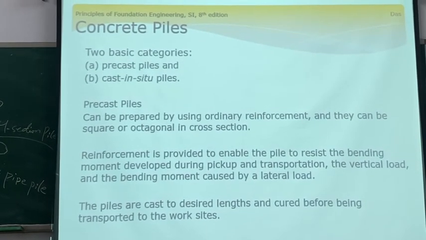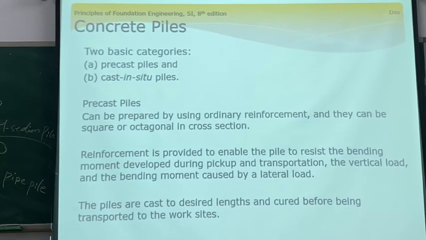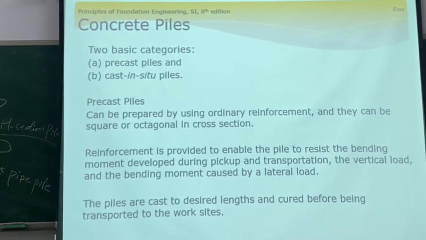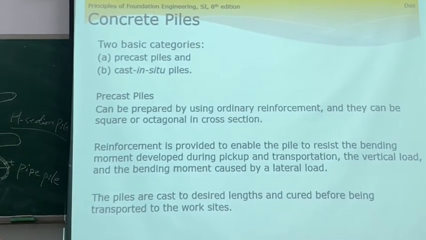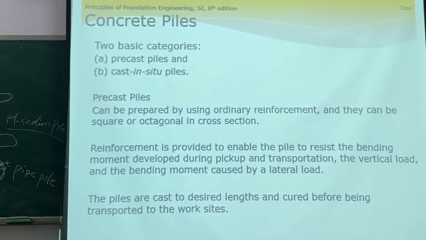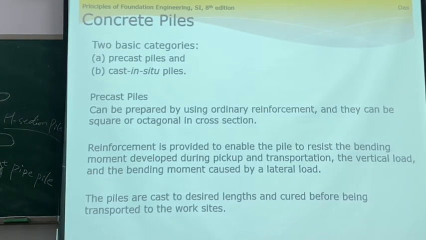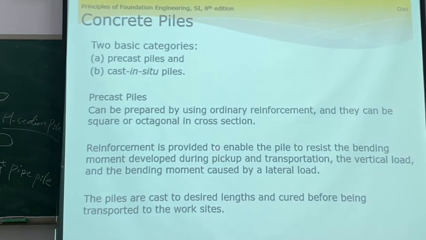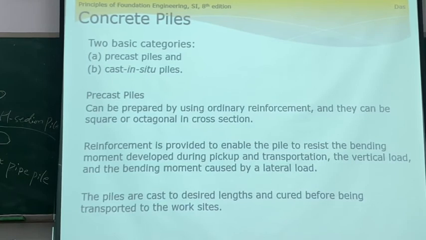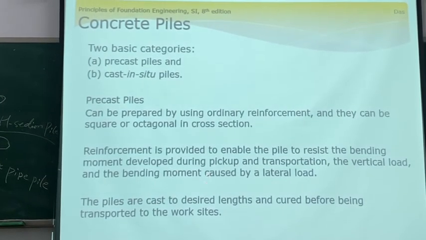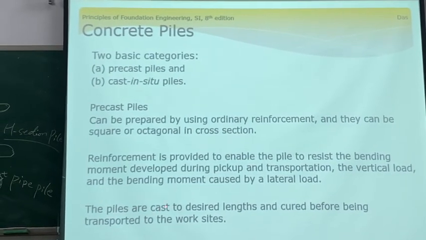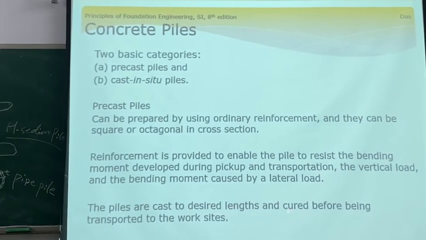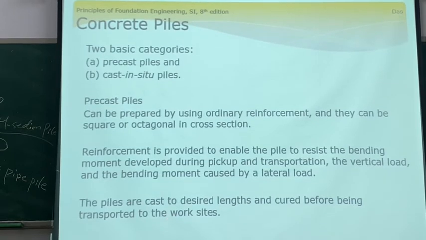So we need more reinforcement to design the precast pile, because when you pick up, we are creating a bending moment. So this pile must be designed to be handled before being transferred to the workspace.